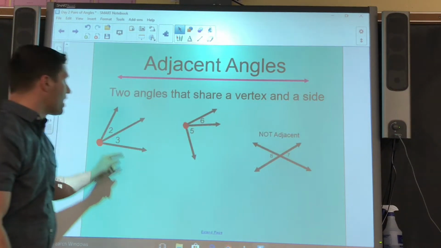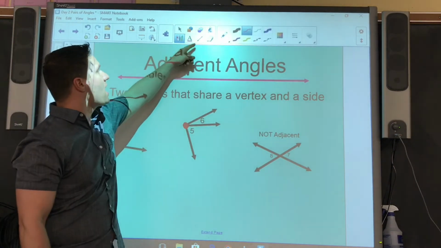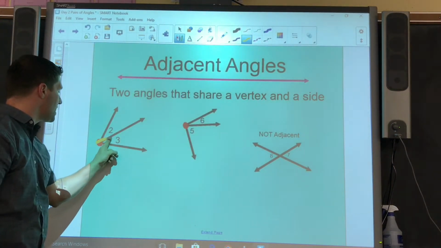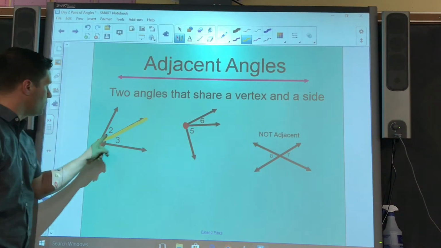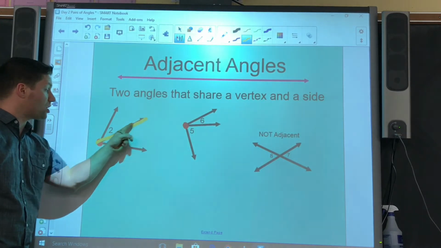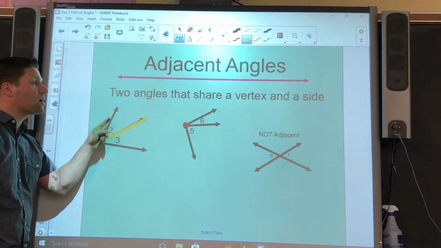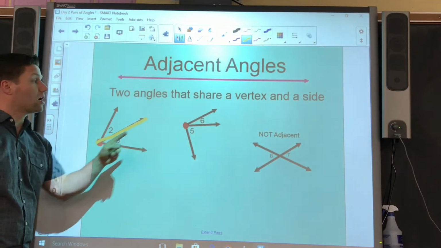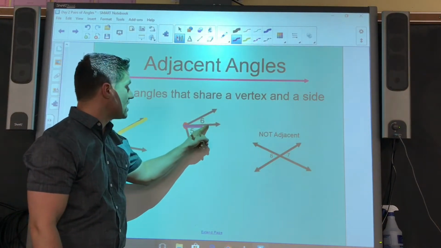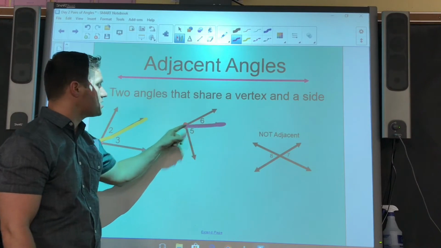So over here, angles 2 and 3 share this side in the middle. Not only do they have the same vertex, an end point, but they also share this line. So 2 and 3 are called adjacent angles, just like 5 and 6. 5 and 6 share that vertex and they share this side.